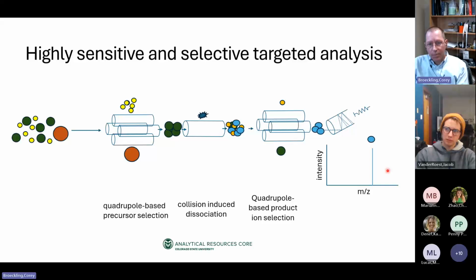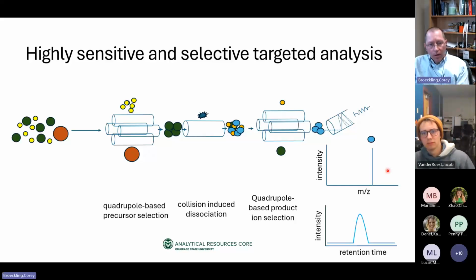This type of application is often used for measuring things like hormones in complex biological samples, things that are found at very low concentration in a complex background. Newborn screening uses tandem quadrupole type assays. Generally speaking, this is done through chromatography.